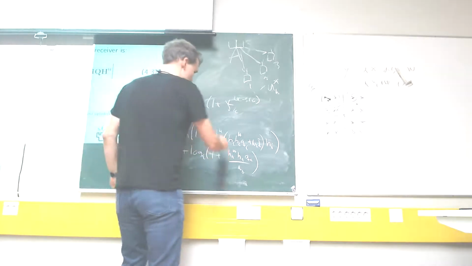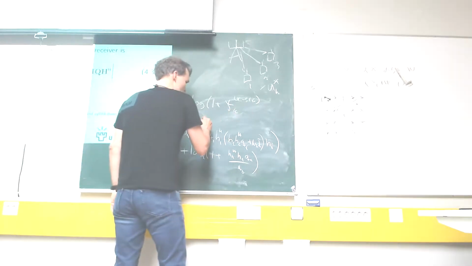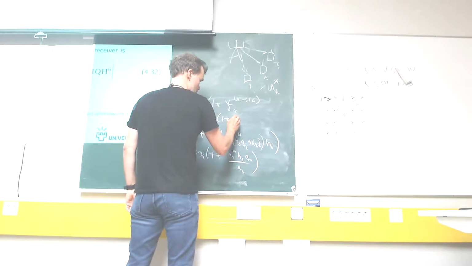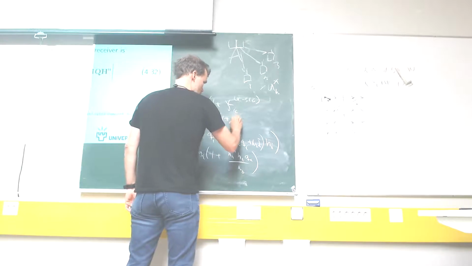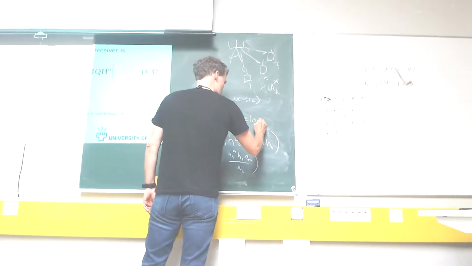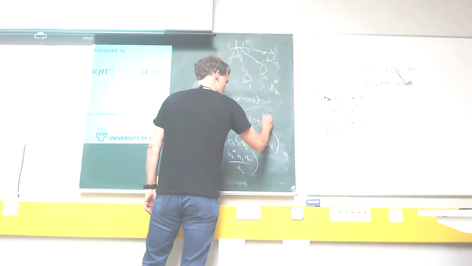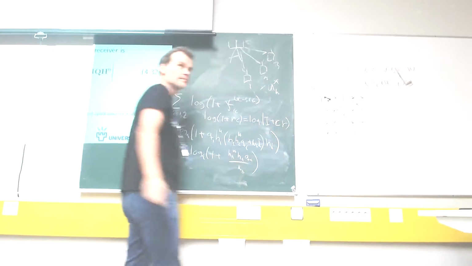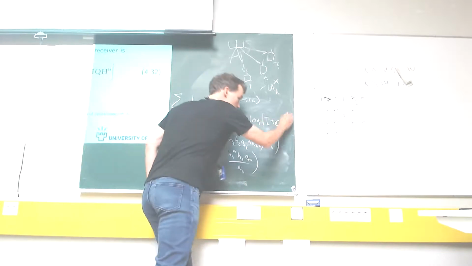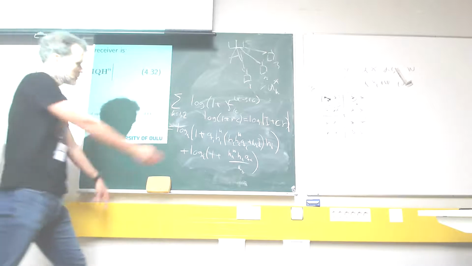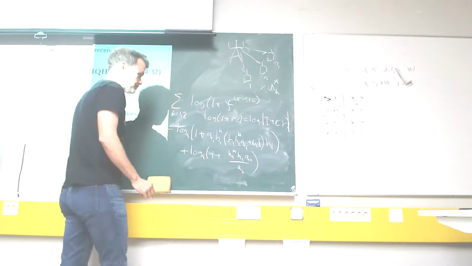So now we can use the rule log of 1 plus a row vector times a column vector equals log det of I plus the column times the row, right? And we can plug this rule in both, okay?